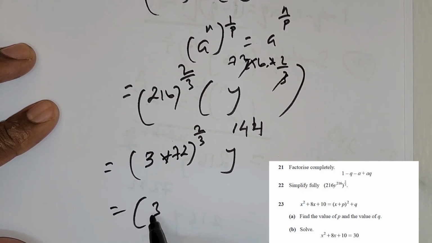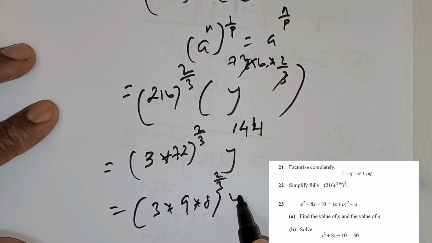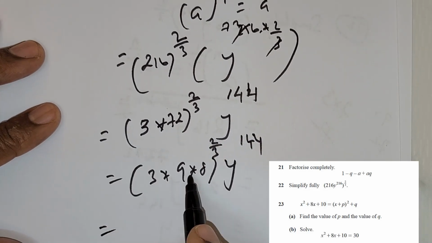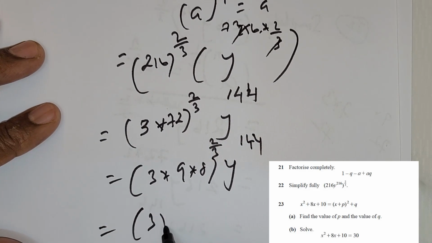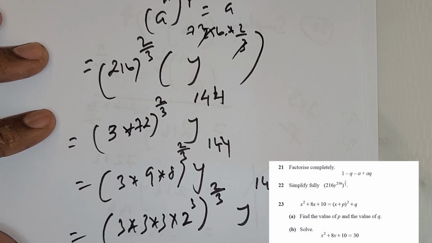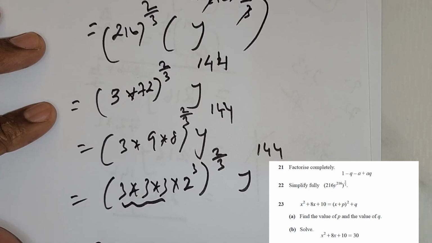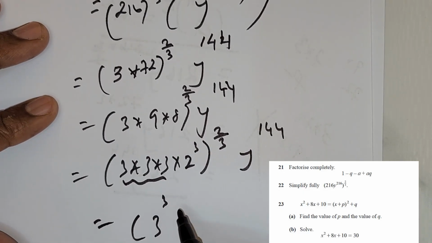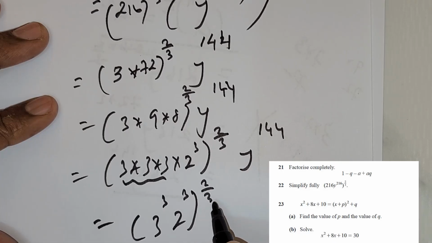Now 72 is nothing but 9 times 8, raised to the power of 2 over 3 times y raised to the power of 144. Now this is 3 into 3, and 8 is 2 raised to the power of 3. Now these can be clubbed and rewritten as 3 raised to the power of 2, times 2 raised to the power of 3, and the whole raised to the power of 2 over 3 times y raised to the power of 144.